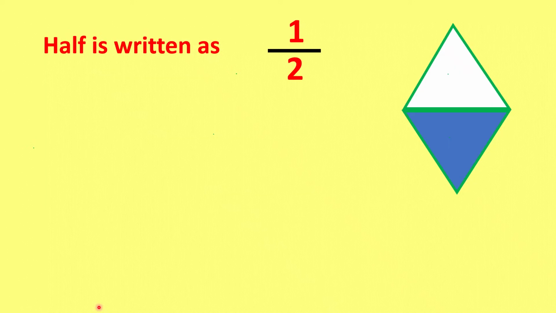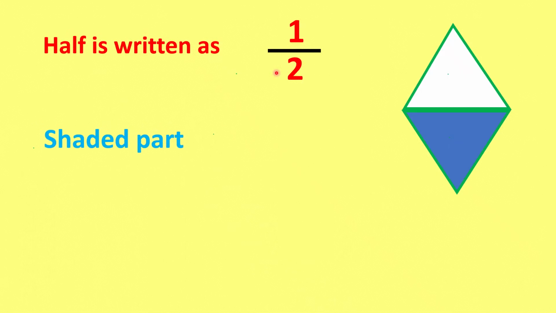The 1 represents the whole, the upon symbol, and the last one, the 2, represents the parts of a whole.